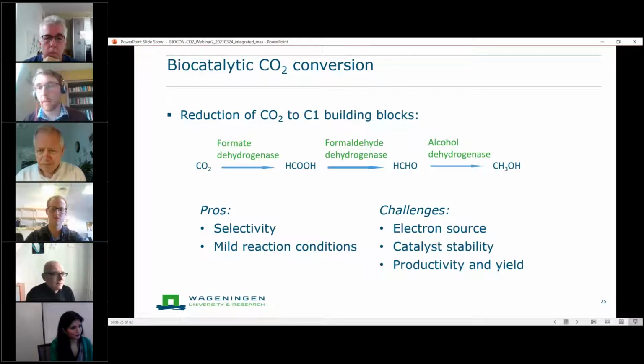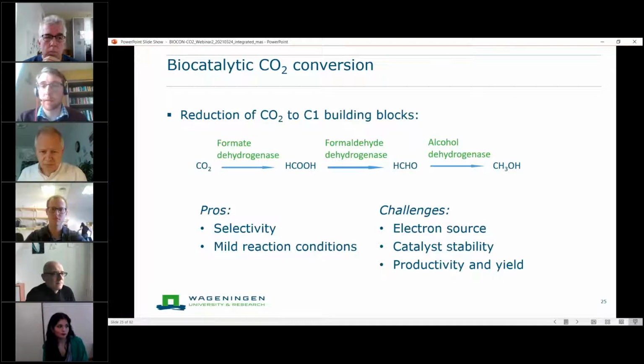There are also some challenges associated with these reaction systems. One of them is that we need a source of electrons in order to perform the reaction. So we're doing a reduction reaction, which means that we need to get electrons from somewhere, and this can be a challenge, which I'll discuss in a bit more detail in the rest of my talk.